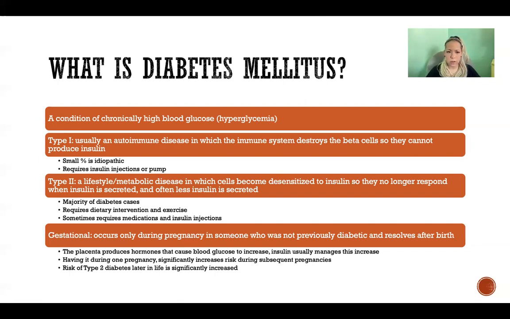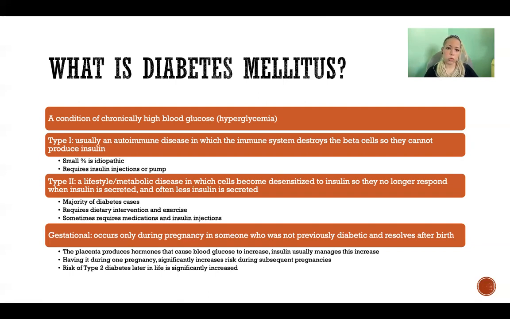So during pregnancy, the placenta produces hormones that increase blood glucose. Now, normally, the pancreas doesn't really have a problem with that. It produces insulin and it manages that increase in blood glucose, and it should not be a problem.